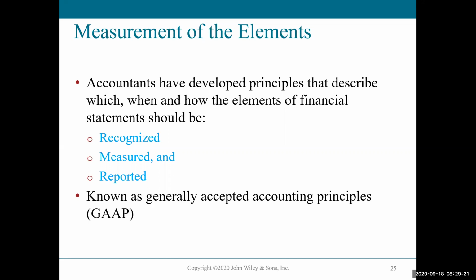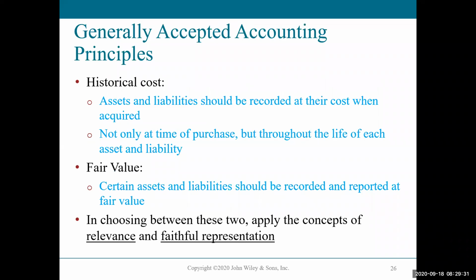Okay, so in the accounting world, we follow the generally accepted accounting principles, also called GAAP. GAAP does have some governing rules and principles that we have to go by. One of them is the historical cost versus the fair value.